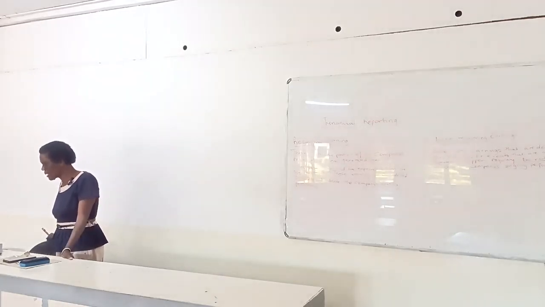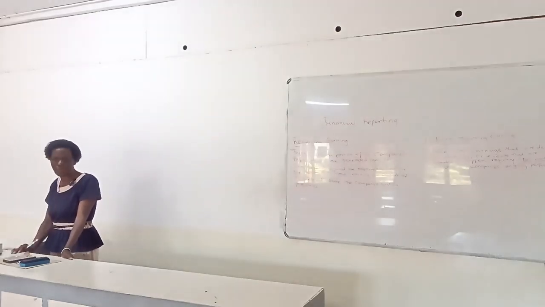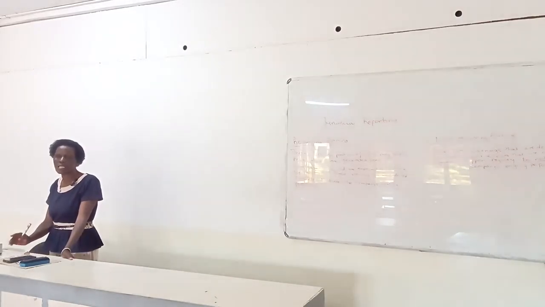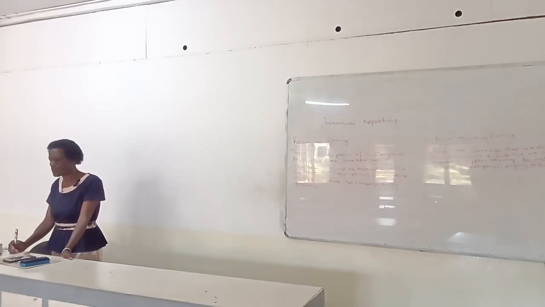Discontinued operations are earnings from business segments that have been sold or shut down. We are not going to have it again. We close it. Example, sale of an asset, scrap. We are not going to show it in the balance sheet again. It has gone for good. It's not going to come back.